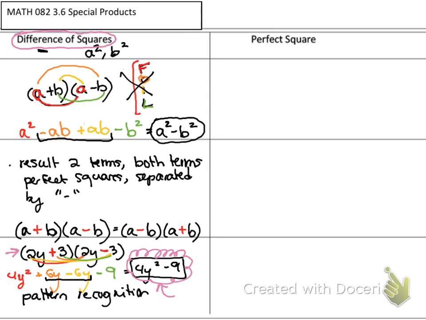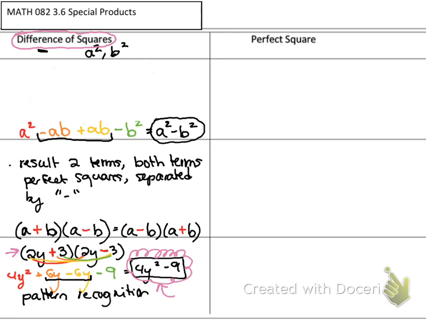All right, let's look at this other example, which is the perfect square. So I want to go back here and just rewrite this a little bit more neatly. Okay, so again, remember, difference of squares is defined by (a + b) times (a - b), and remember we showed ourselves that that means that's equal to a squared minus b squared.